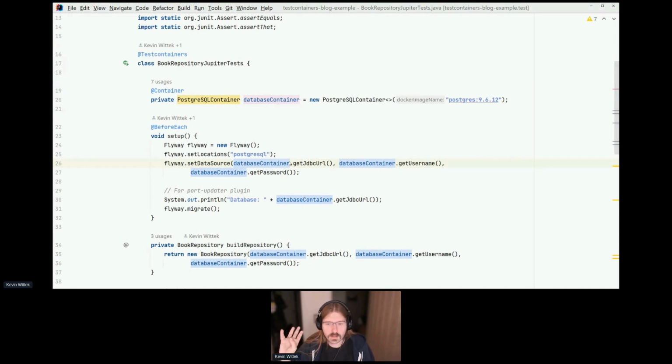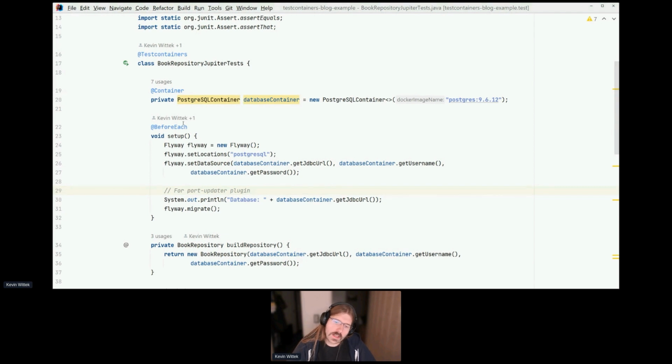If you would bind to a fixed port, you end up with an integrated test again, because now your test might fail if this port is already in use. So that's not something you want to do if you want to write integration tests that are very maintainable and very portable. You don't want to make too many assumptions about the environment you are running in.